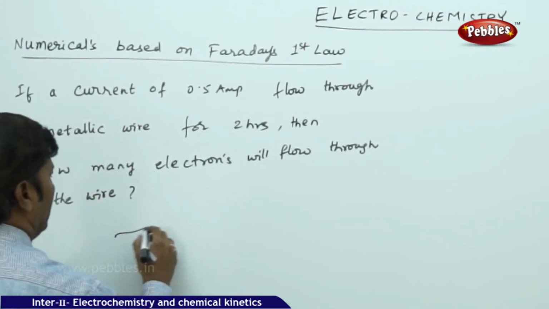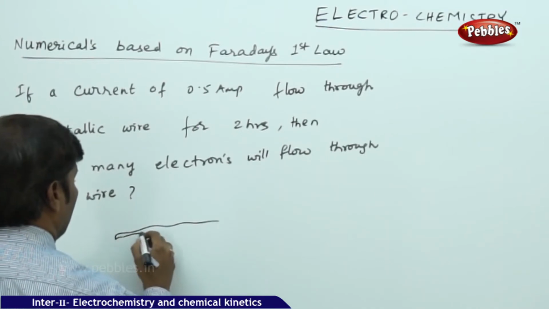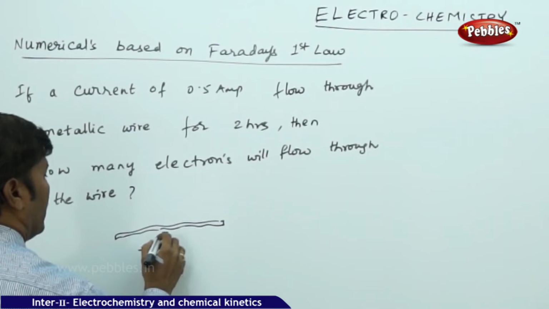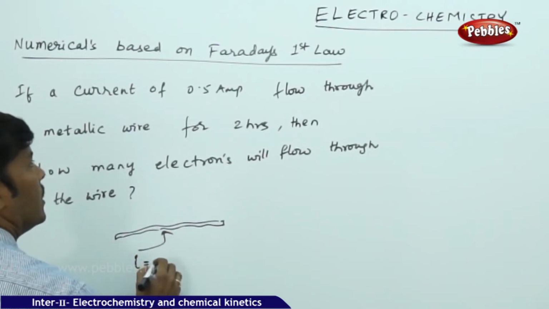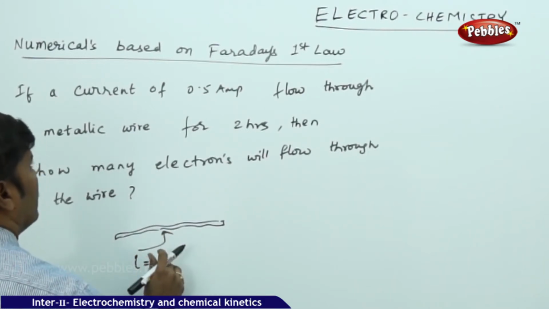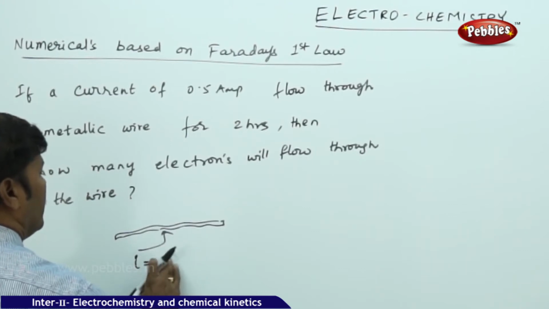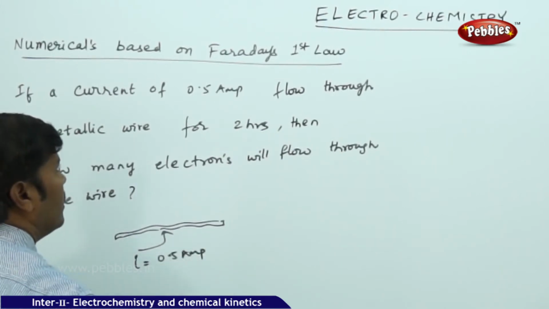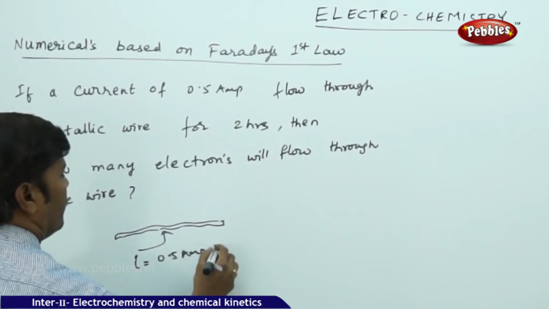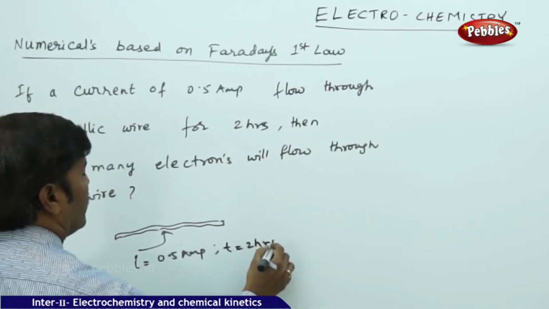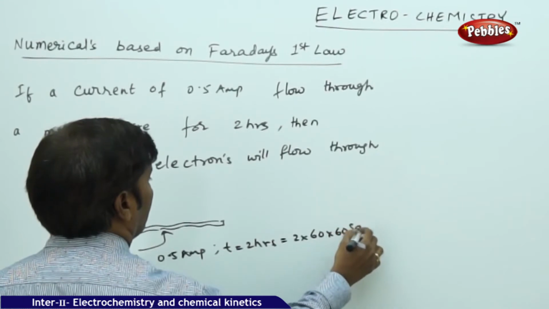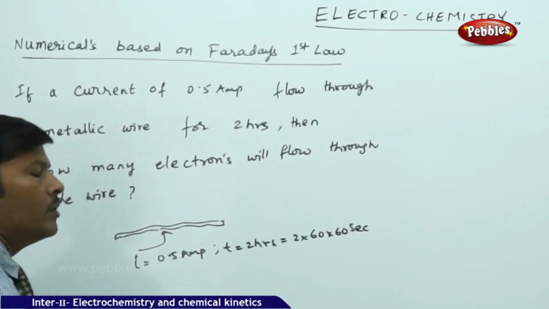Suppose this is the conducting wire, and we pass a current of 0.5 amps through it for a period of 2 hours. 2 hours means 2 into 3600 seconds.